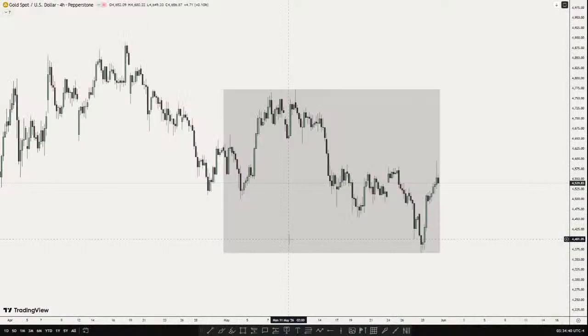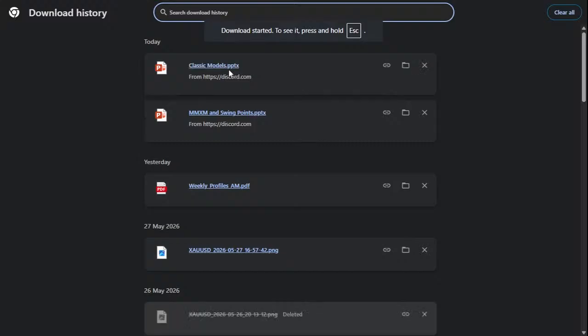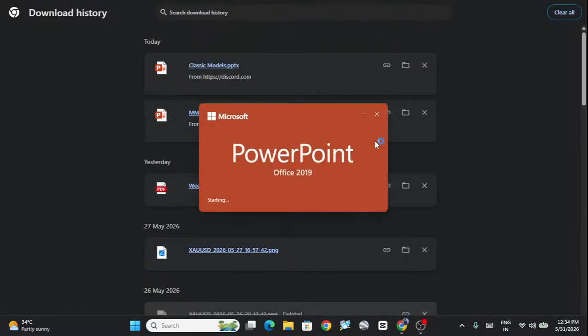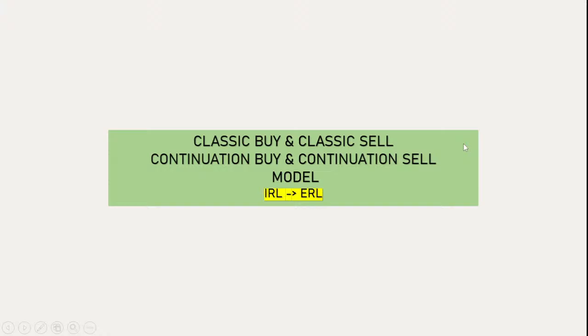So the two classic models that we have are the classic buy and classic sell model, and then a variation of these are continuation buy and continuation sell models, and we are moving from IRL to ERL.